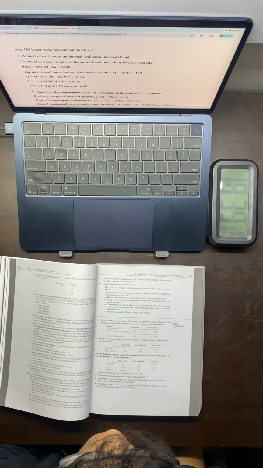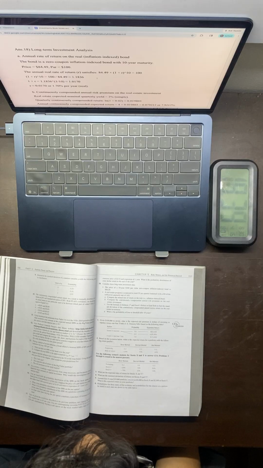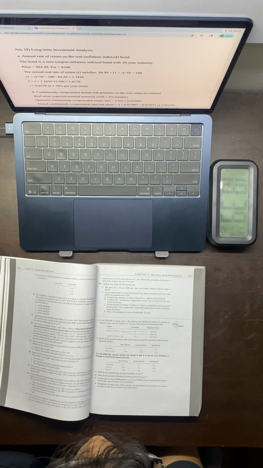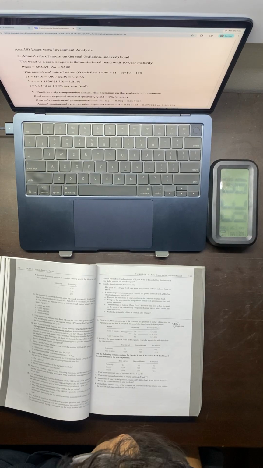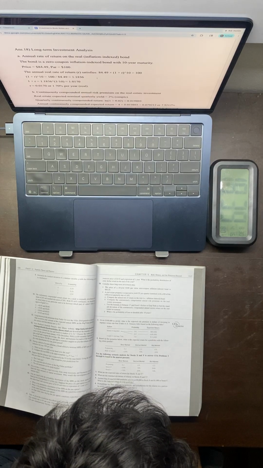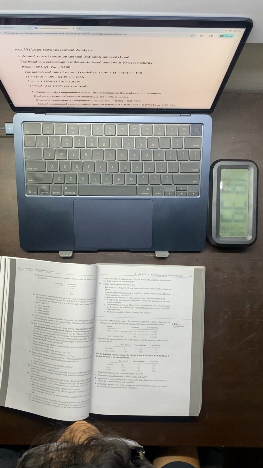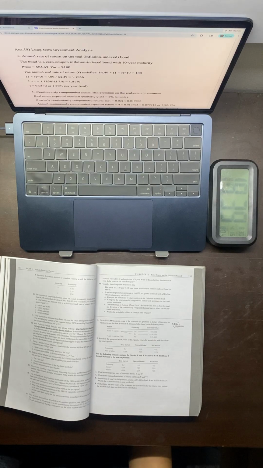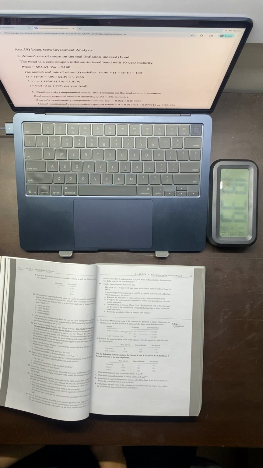So, long-term investment analysis, part A, annual rate of return on the real inflation index bond. The bond is a zero coupon inflation index bond with a 10-year maturity. Price equals $84.49 and par value is $100.